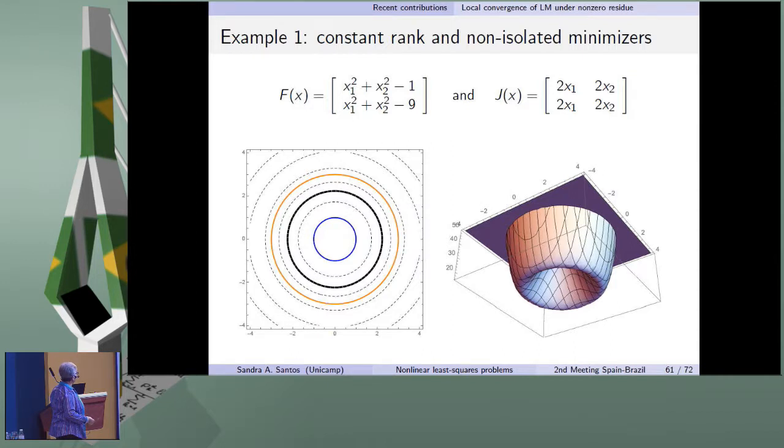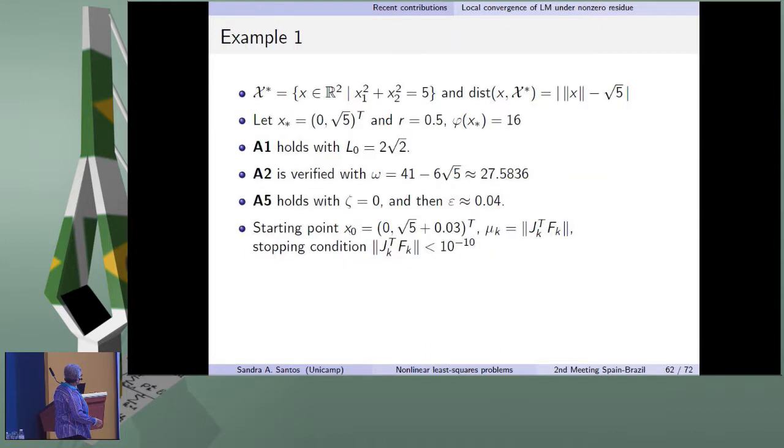Here is the Jacobian, and in this problem, the rank of the Jacobian is constant, and these are our non-isolated minimizers. Okay, so in this case, our set of stationary points can be written algebraically.